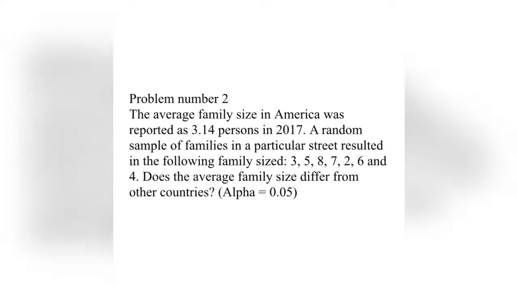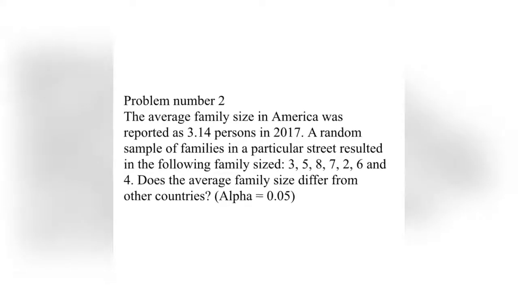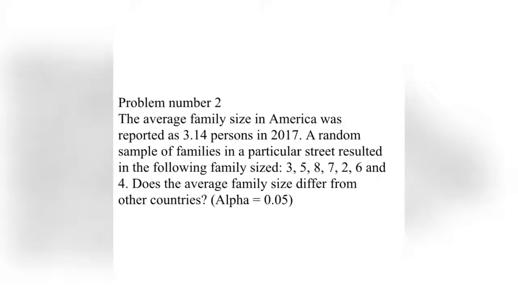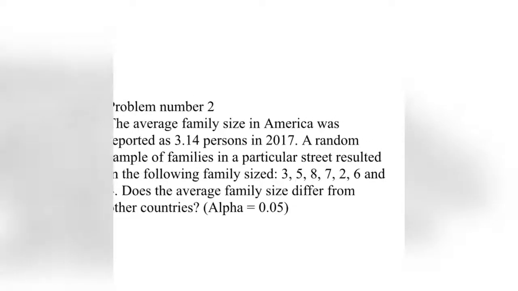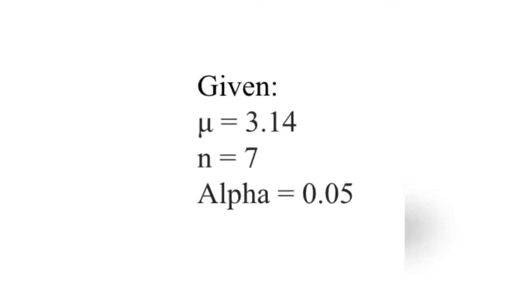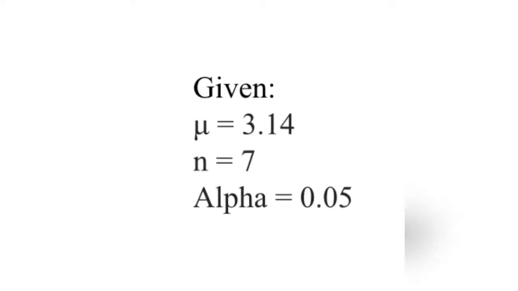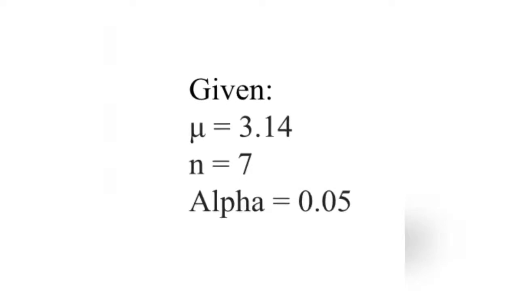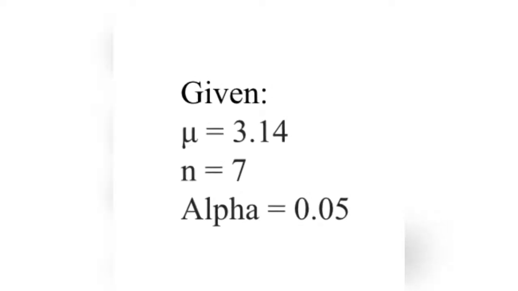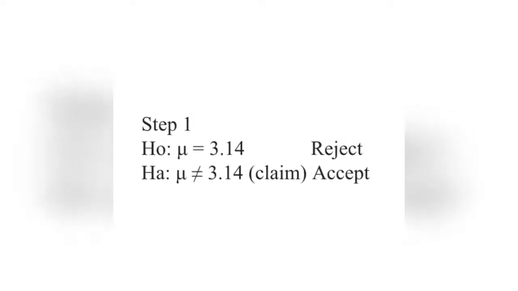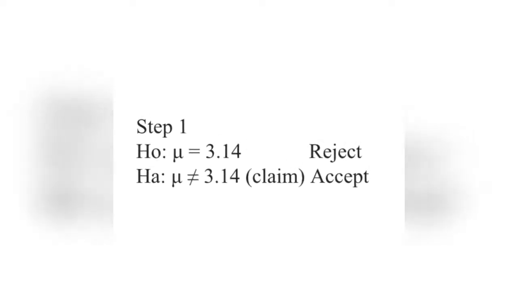Again, so you won't be confused, jot down the important given data. The mu is 3.14. The population is 7, with an alpha of 0.05. Step 1. HO will be mu is equal to 3.14.